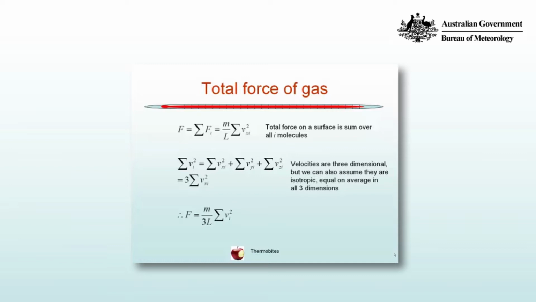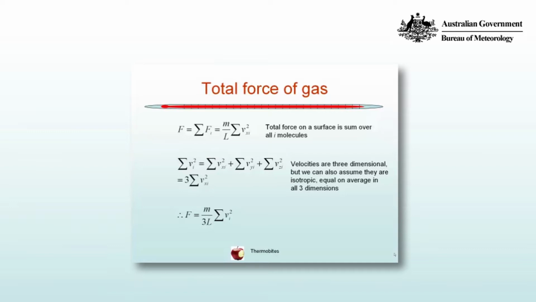But we actually have a three-dimensional gas, and so there are gas molecules moving in the x direction, the y direction, and the z direction, and so the sum of all the vi all squareds is equal to the sum of the squareds of the velocities in each direction. But we're going to assume that the gas is isotropic, which is to say that the sum of the velocities squared is the same in each direction.